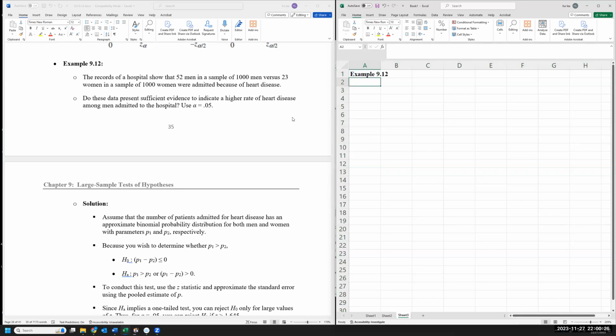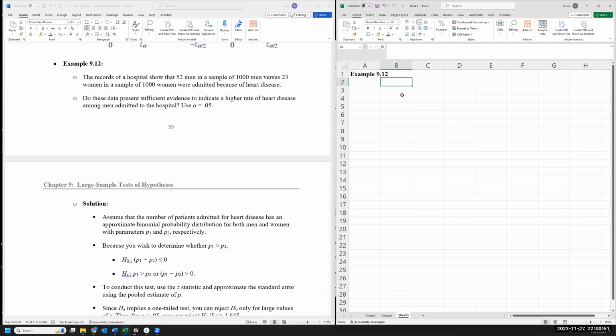Records of a hospital show that 52 men out of 1,000 versus 23 men out of 1,000 are admitted for heart disease. Do the data present sufficient evidence to indicate a higher rate of heart disease among men than women using alpha of 5%? So this looks like a one-tailed test.